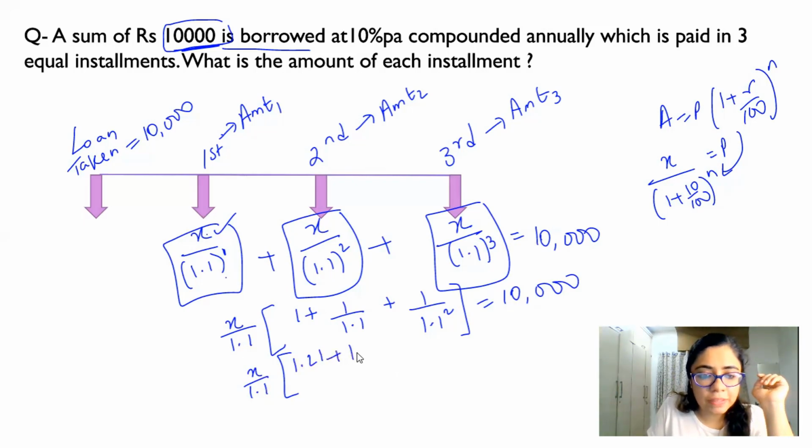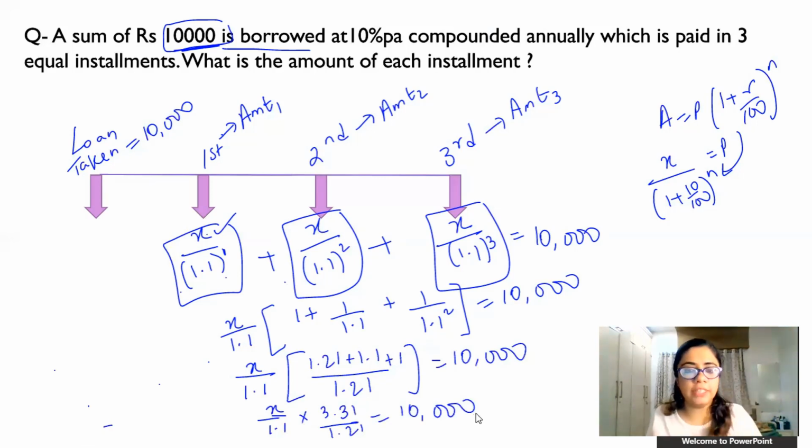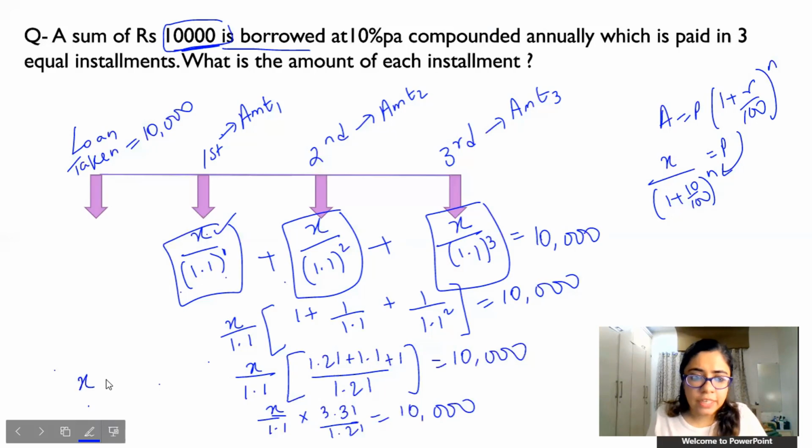So this will be plus 1.1, plus 1 upon 1.21, that's equal to 10,000. X upon 1.1 into 3.31 upon 1.21 is 10,000. So you can take everything on the other side and calculate the value of X. If you calculate it, it will come out to be 4021.1, which is approximately 4021.